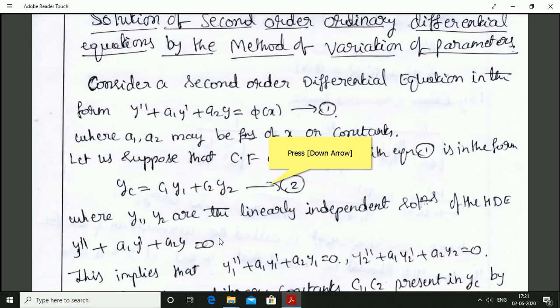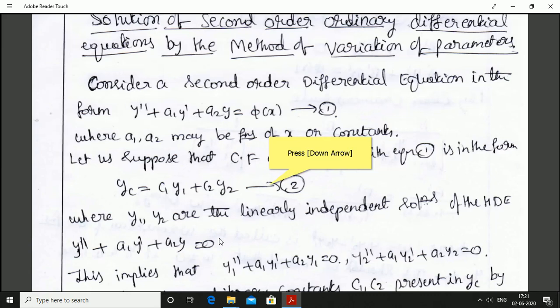Based on this complementary function, we assume the general solution of the given differential equation 1 just by varying the parameters c1 and c2 by functions of x, a and b. The general solution is of the form y = a y1 + b y2, where a and b are functions of x.